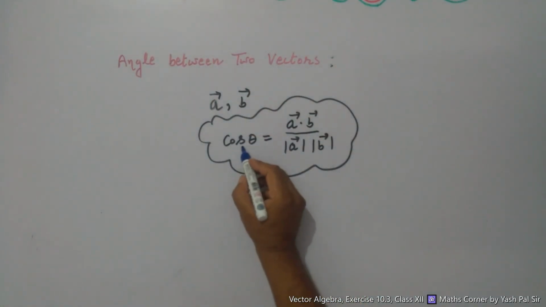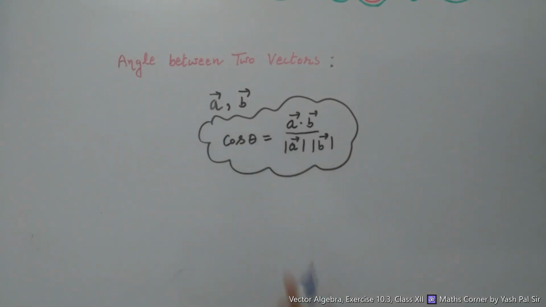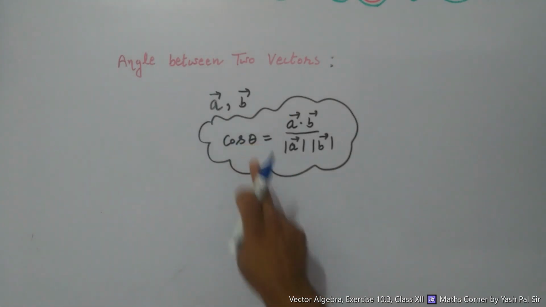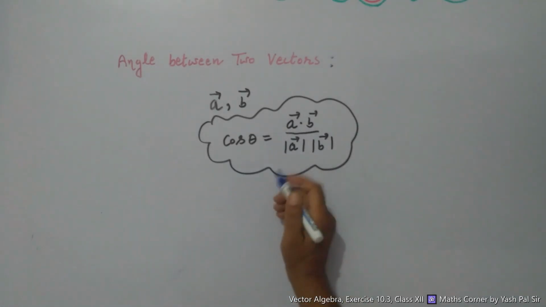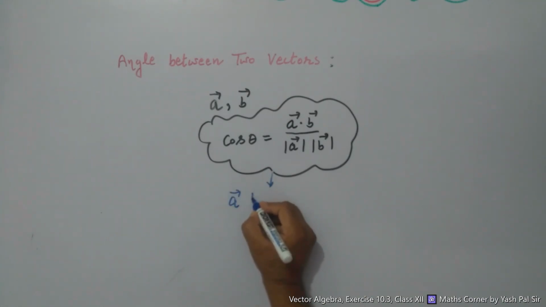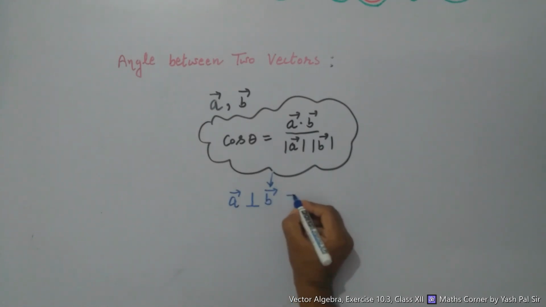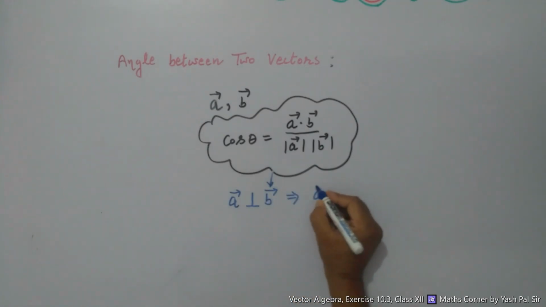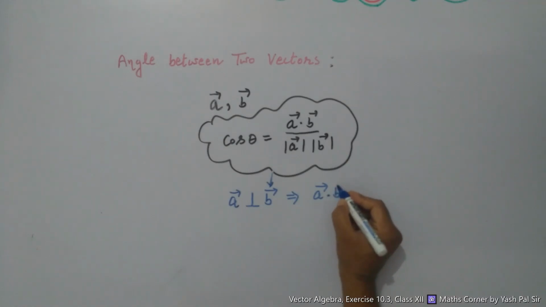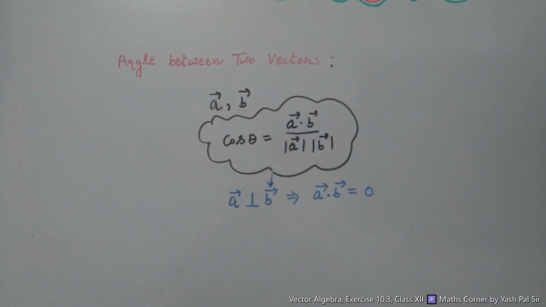Now we know that if theta is equal to 90 degrees, then cos 90 degrees is equal to 0. So from this relation we can see that vector A is perpendicular to vector B. It means the dot product of A and B vectors is equal to 0.